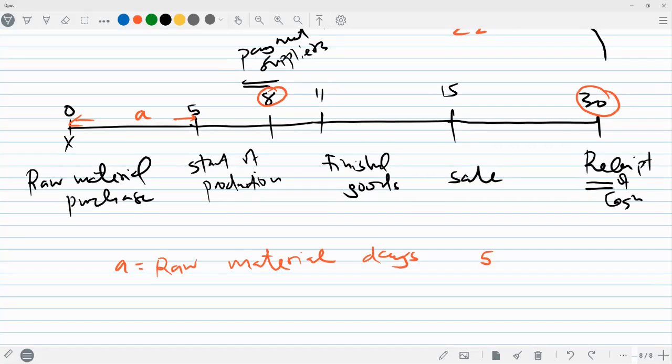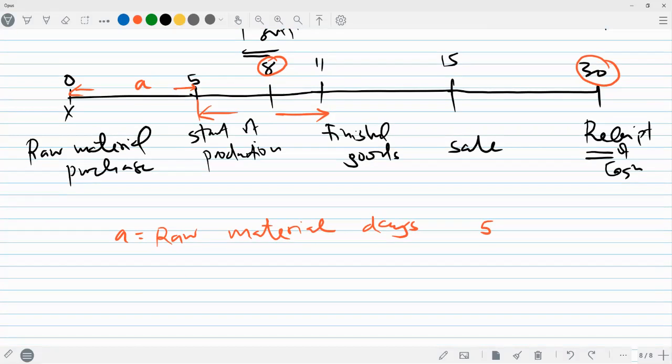Then between when we start production and the time we have the finished goods, what do you call this time difference, by the way? This 6 days here. Work in progress? Work in progress days.